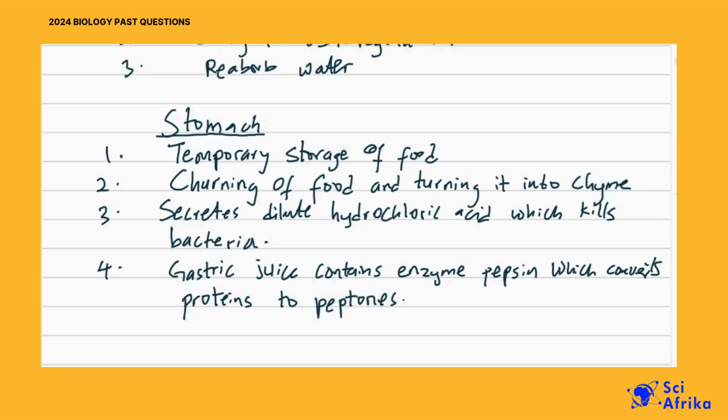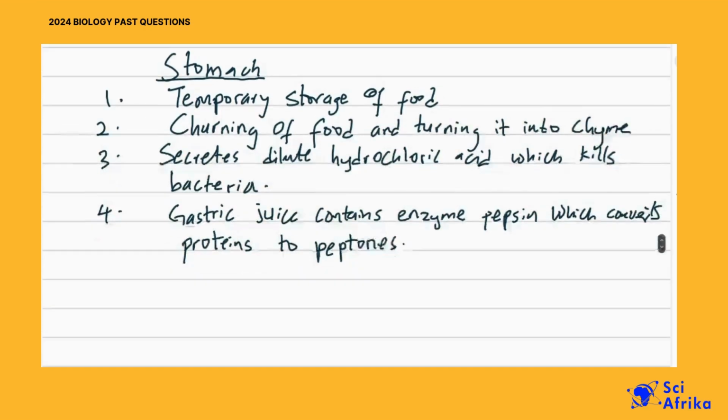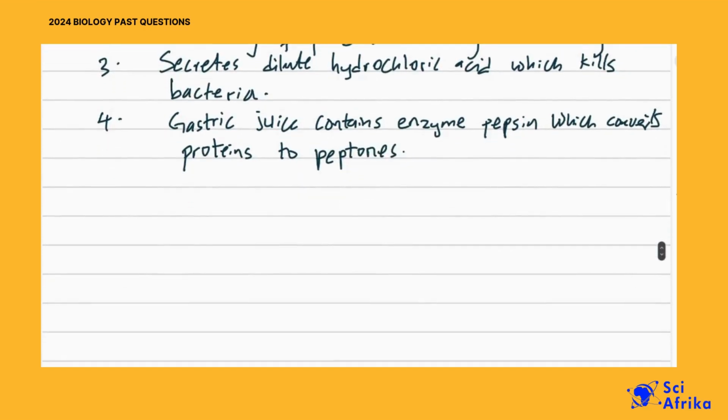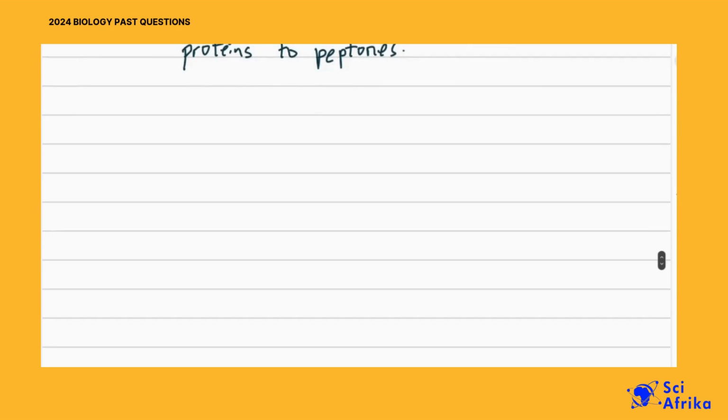So let's go on to the next organ, which is the small intestine. What role is played by the small intestine during digestion of the food? The first role is that digestion is completed in the small intestine.